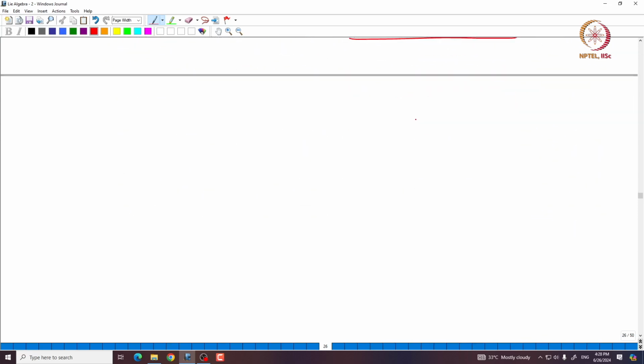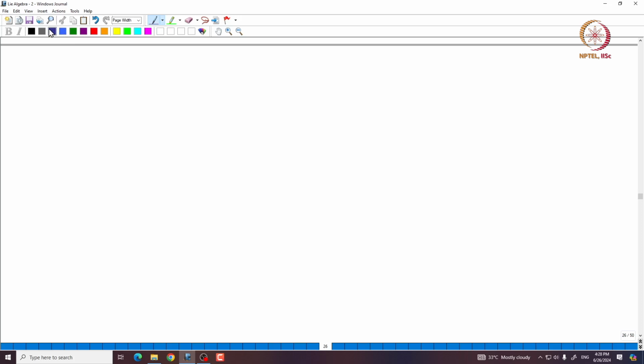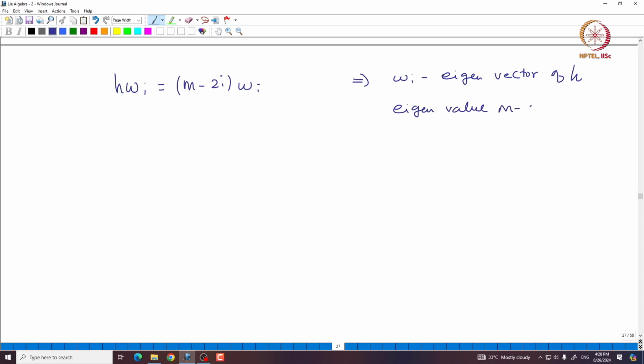Let me just recall these formulas and then let us make some observations. h w i is given by m minus 2i w i. That means each w i is an eigenvector for h. So, the w i's are all eigenvectors for the action of h. Not only that, what is the eigenvalue? The eigenvalue is m minus 2i. Note that this i is ranging from 0 to m.